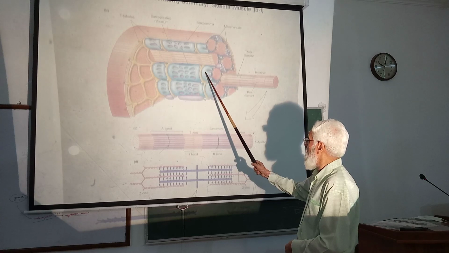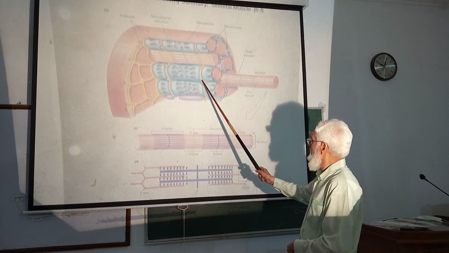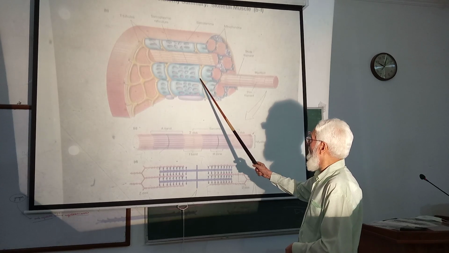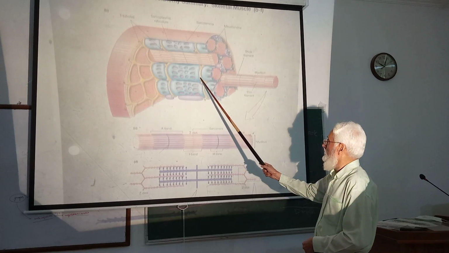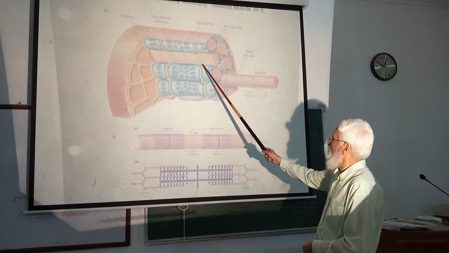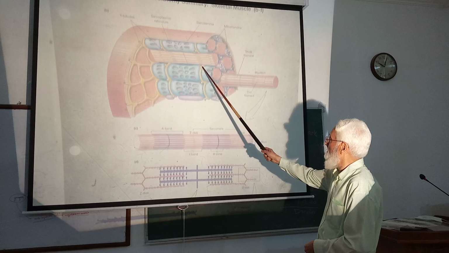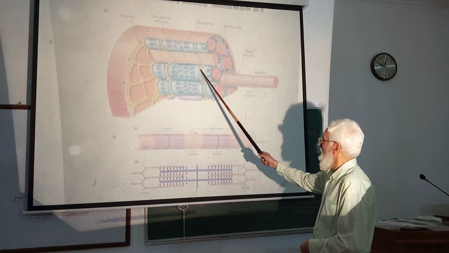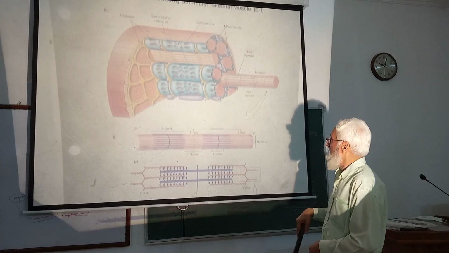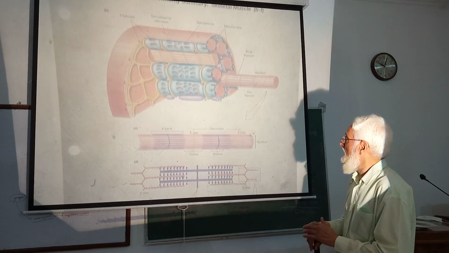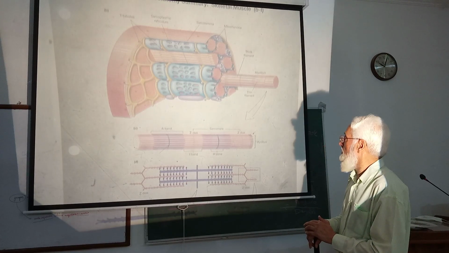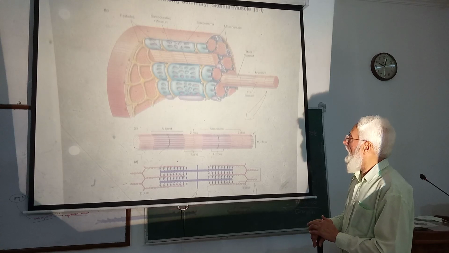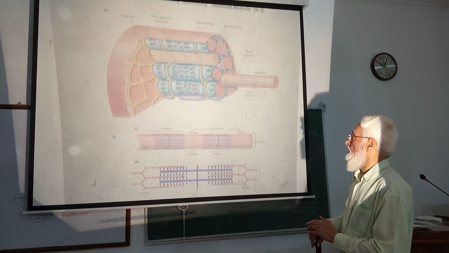These terminal cisternae surround the T tubules or transverse tubules. The T tubules extend from one side of the muscle fiber to the other. This is a T tubule. T tubules communicate with the extracellular fluid and also contain this fluid.